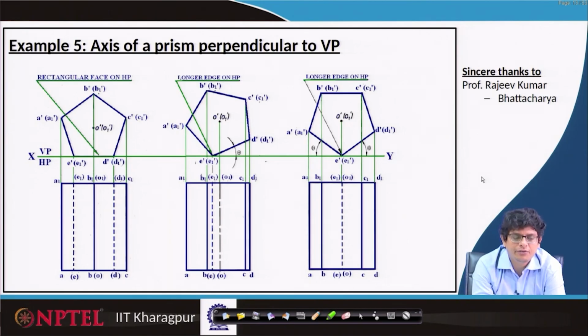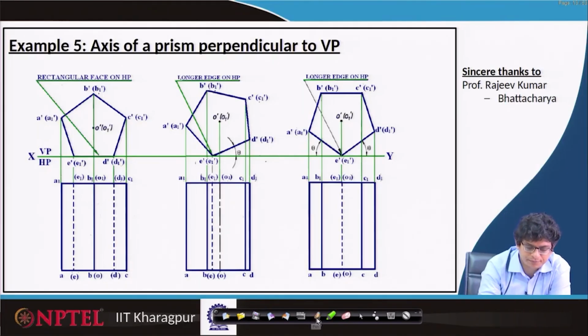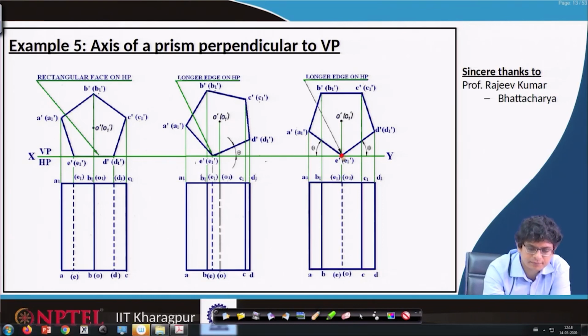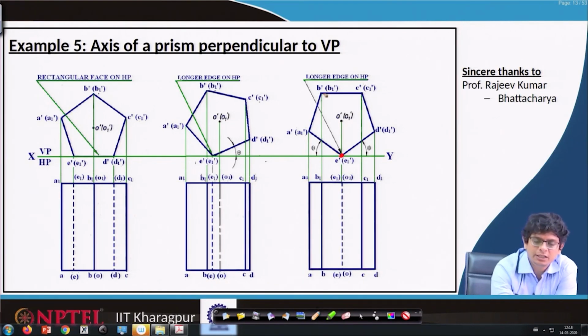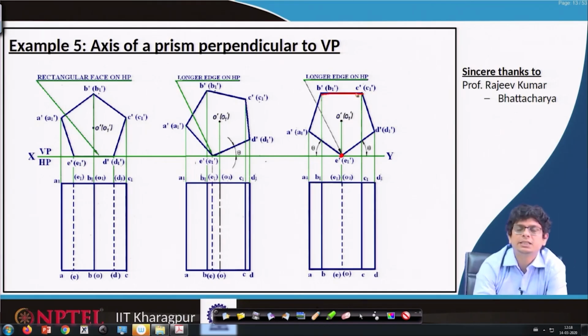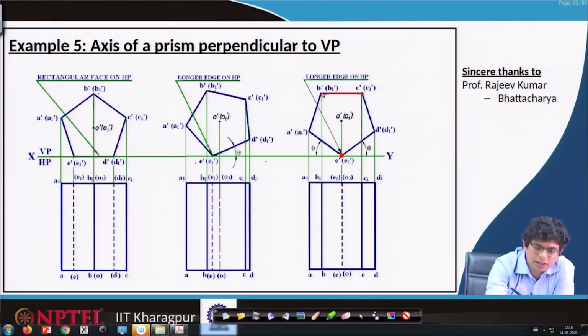Similarly, if the prism axis is perpendicular to the vertical plane and resting on one of the edges, and when we are looking at that, this entire face is parallel to the horizontal plane. In that case, these lines will be visible, this one also visible, and this one is an invisible line.